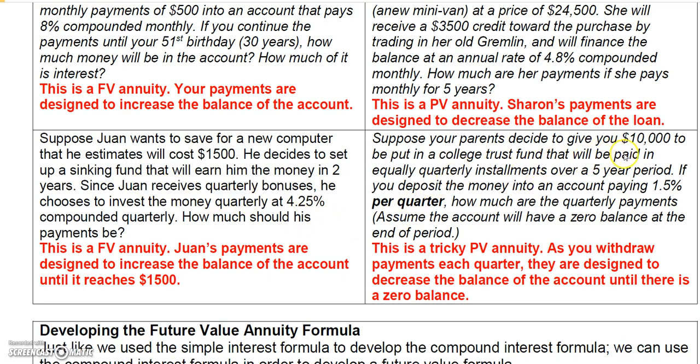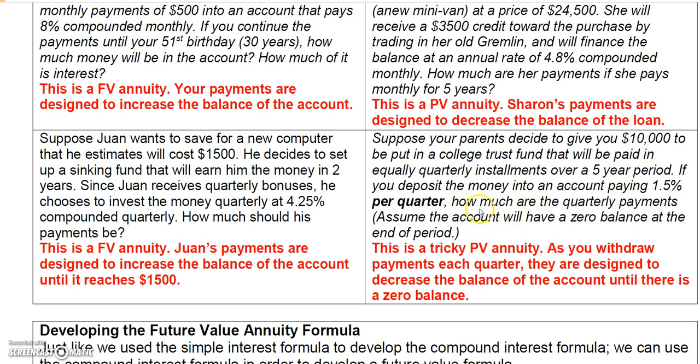But over here, you start with $10,000 in a trust fund, and the question is, how much are the quarterly payments? You're going to be paid out of that trust fund quarterly payments.